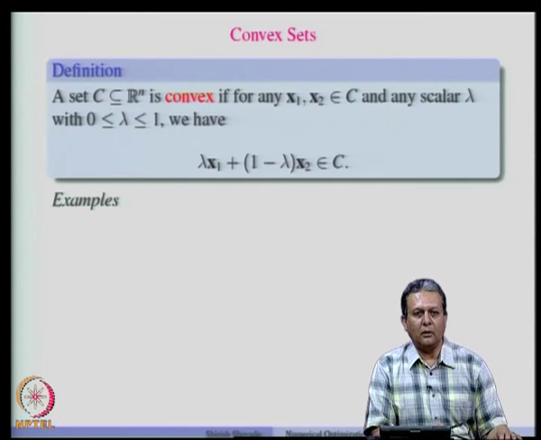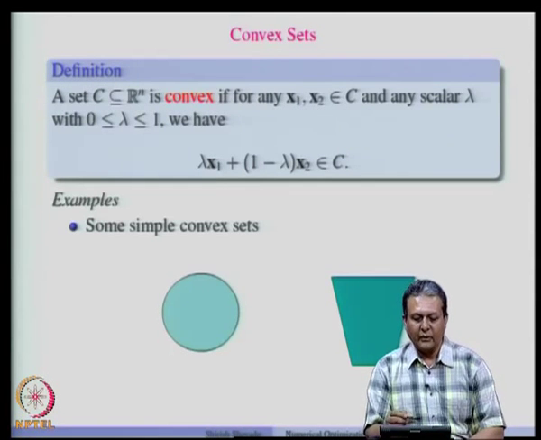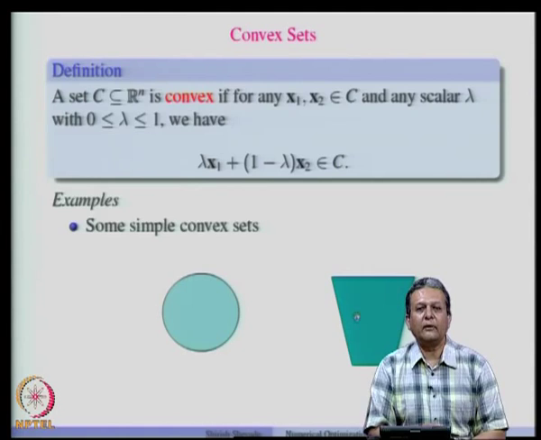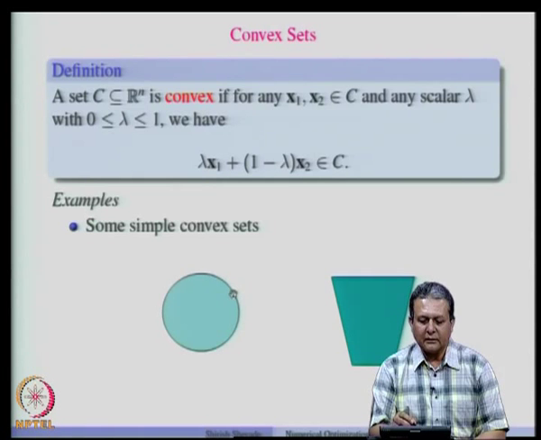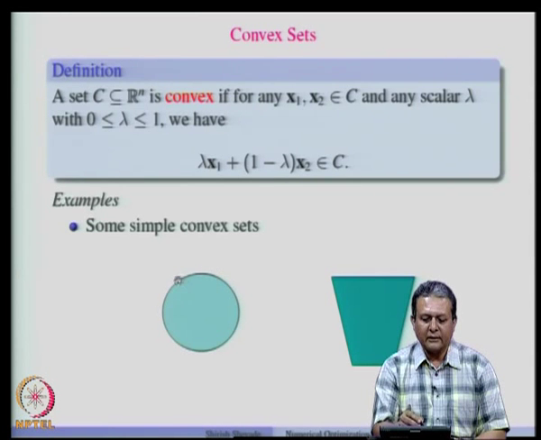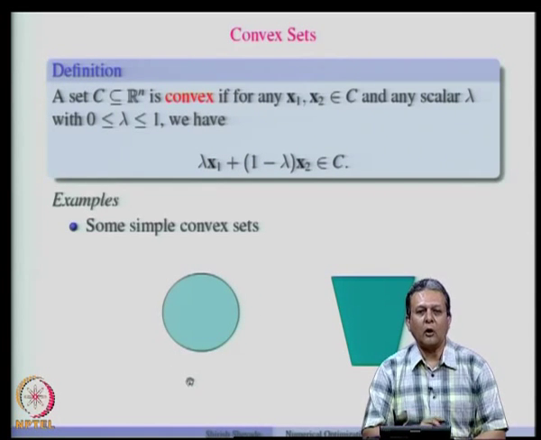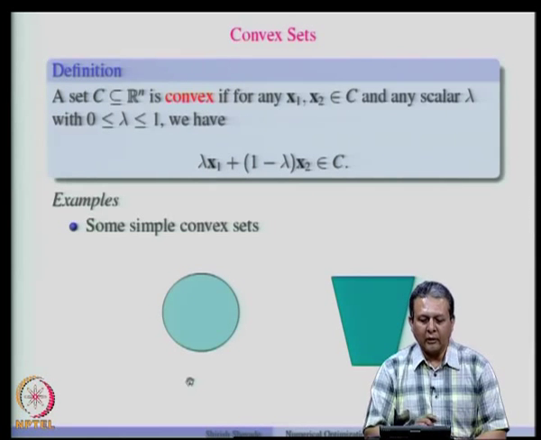So, let us look at some examples. Here are a couple of examples of convex sets. Now, you can think of a convex set as the following: suppose we put a wall along the boundary of a given set and then consider any 2 points in that set.